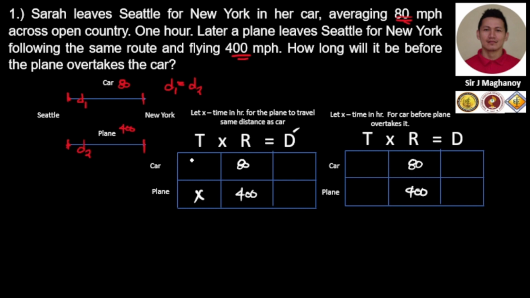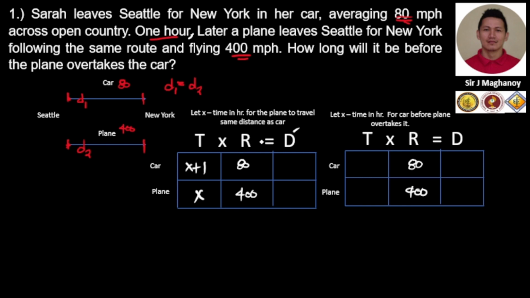We need to consider this 1 hour later. Of course the car moves ahead of the plane. 1 hour later, the plane leaves Seattle, so of course the car consumes more time. So this is x plus 1.